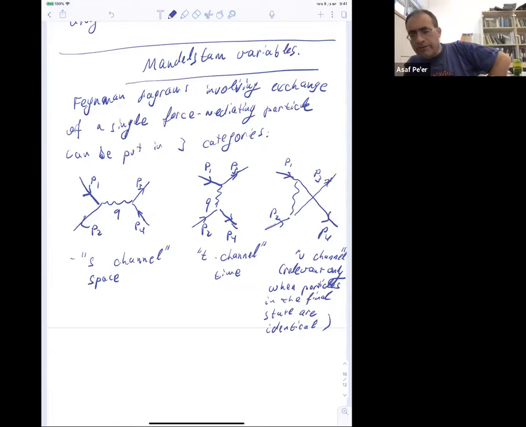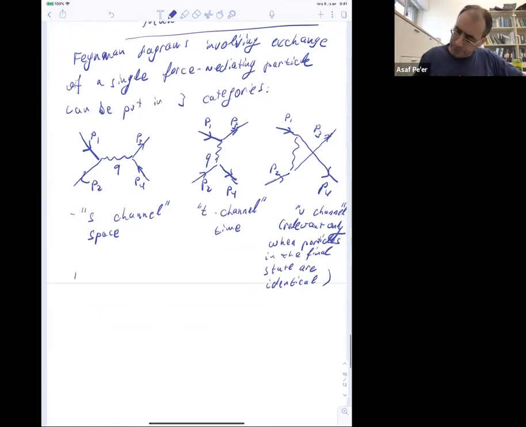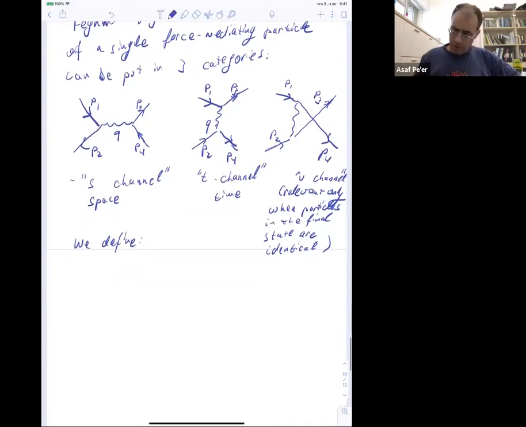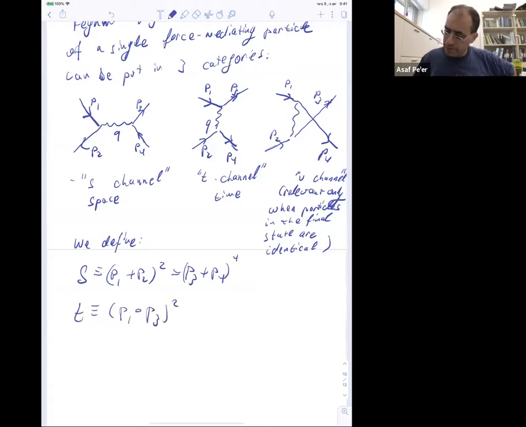So accordingly, we can define what are known as the Mandelstam variables. S is (P1 plus P2) squared, which is just (P3 plus P4) squared, by definition. T is (P1 minus P3) squared, which is (P4 minus P2) squared.